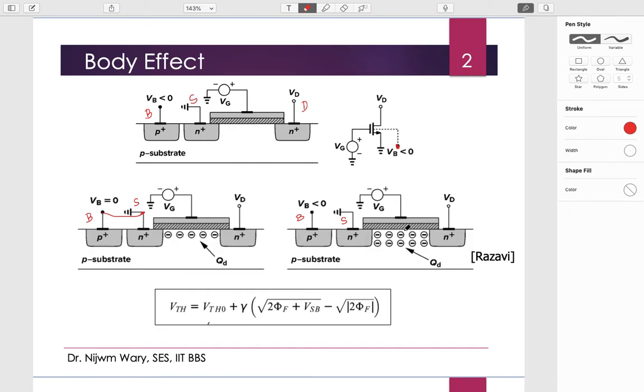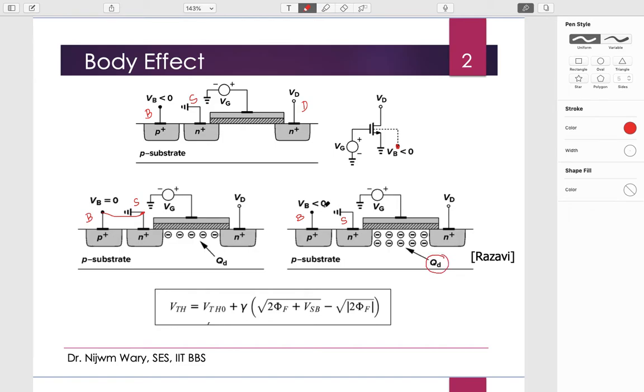So now the amount of VG required to create the channel will be higher, because if you remember, the threshold voltage is a function of the depletion charge.